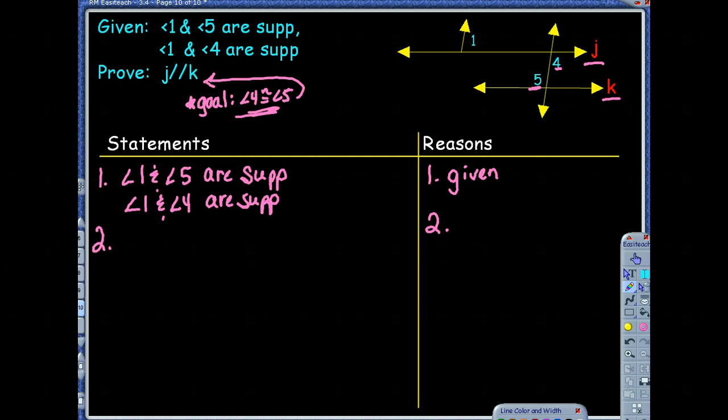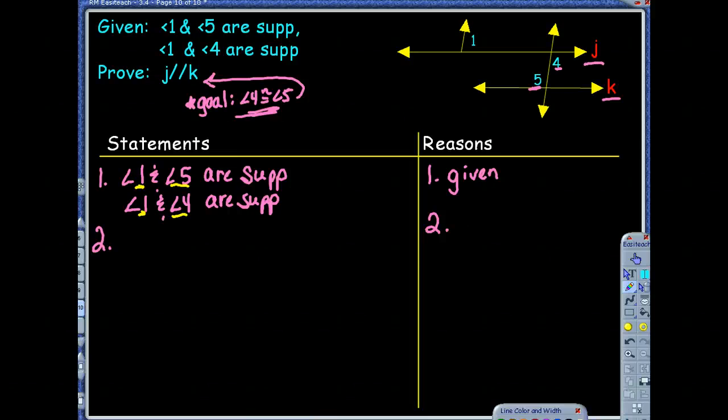Looking at the pieces they do give me that are supplementary, they don't tell me anything about those parallel lines. But I remember, when I had two supplementary statements and angles that were supplementary to the exact same angle, and here angles 5 and 4 are both supplementary to angle 1, that was the congruent supplements theorem.